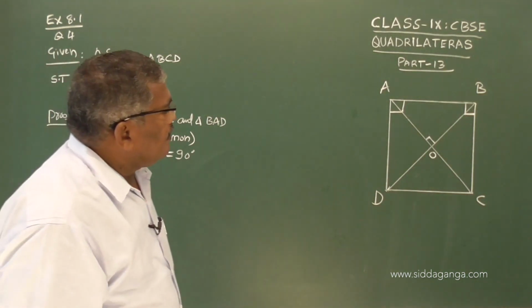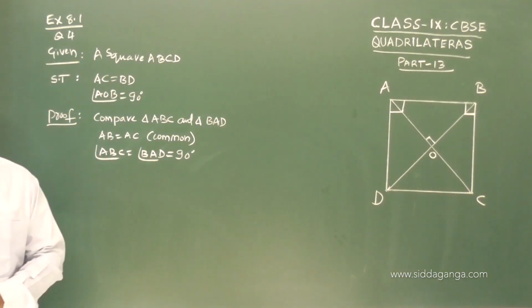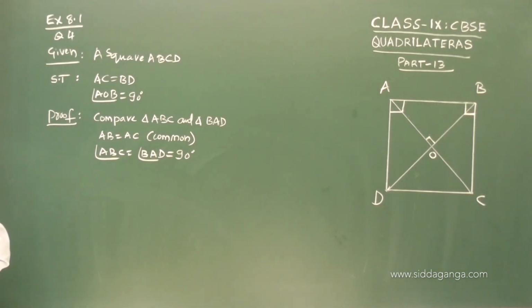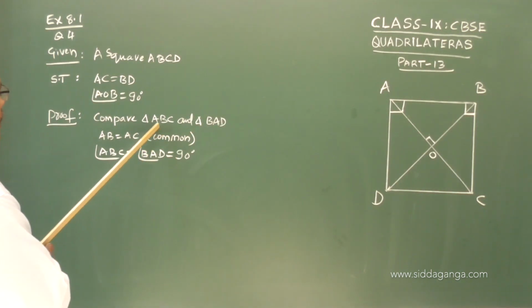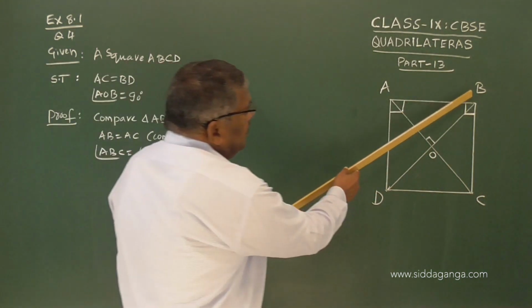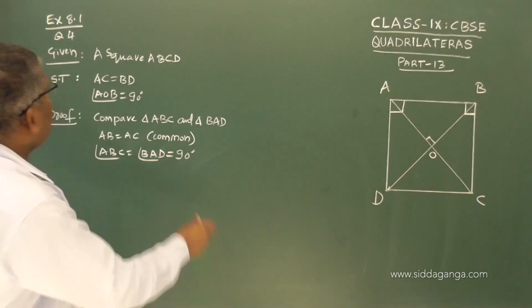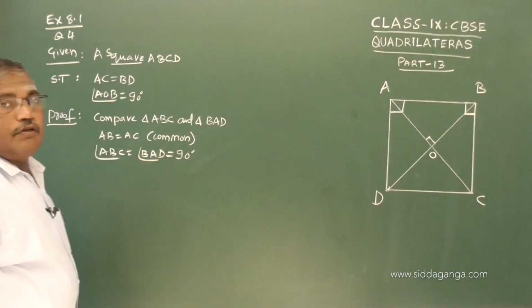Now, in these two triangles ABC and BAD, BC will be equal to AD because in a square all sides will be equal.